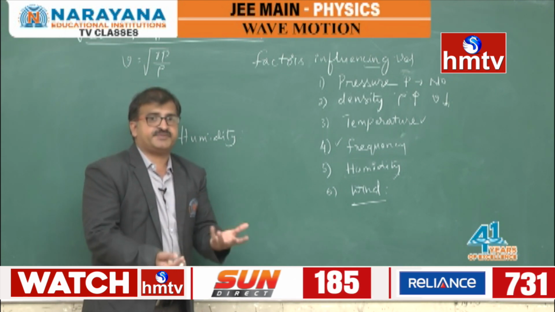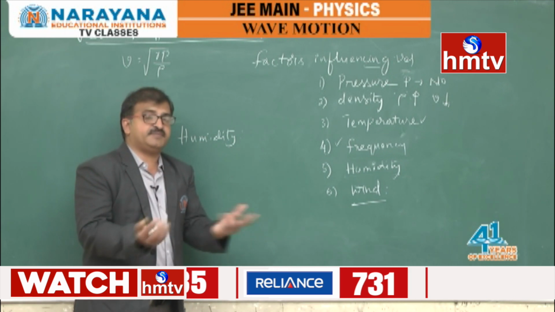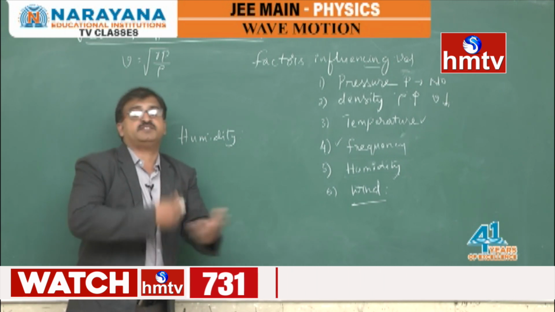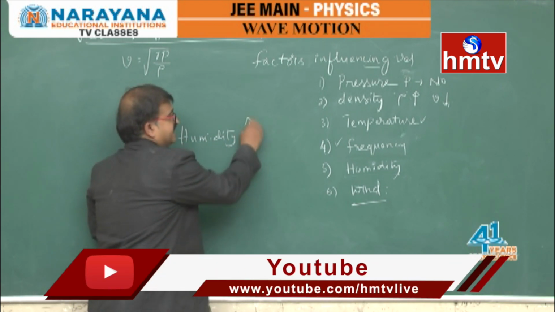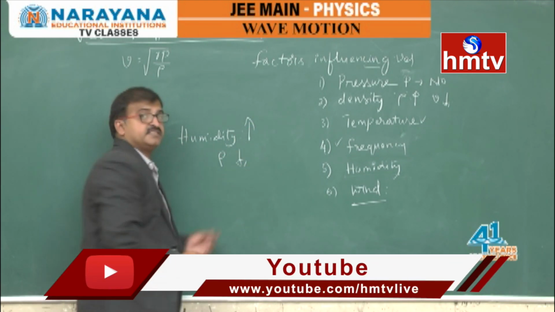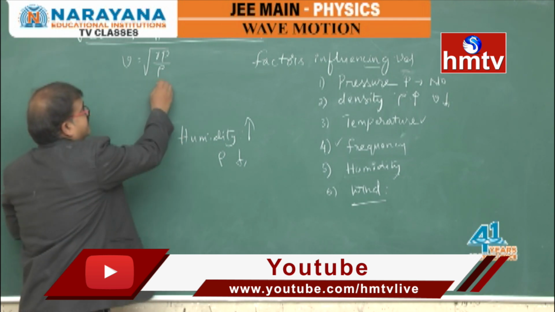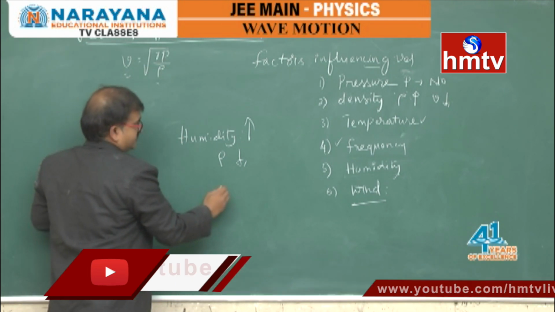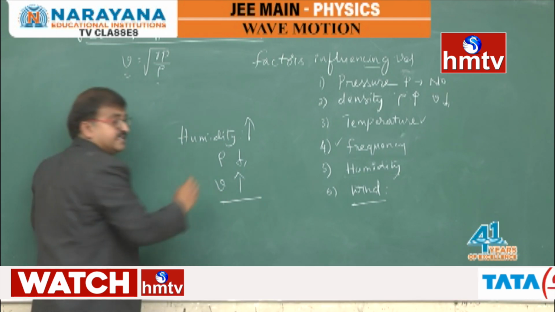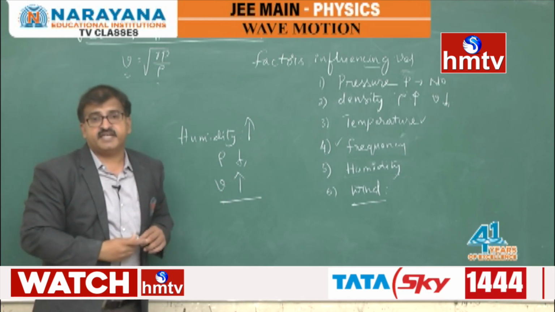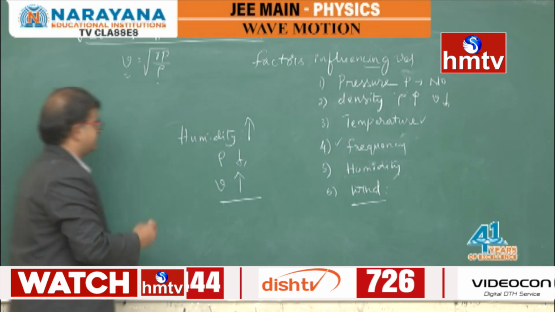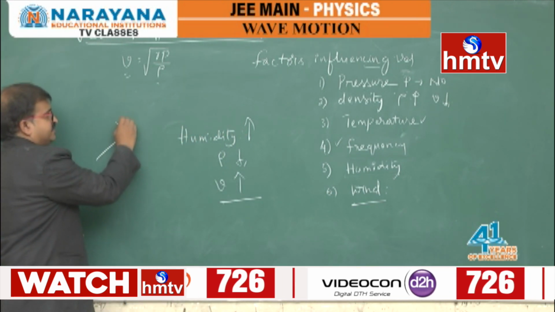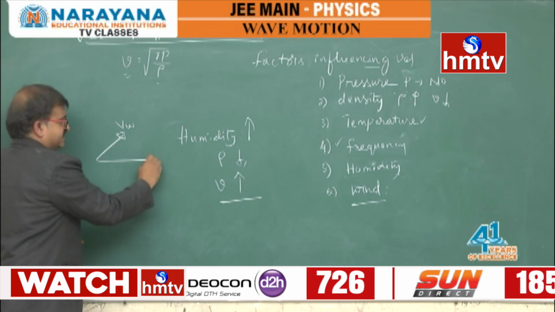That means very huge. So the effective density, that means the total density of H2O plus the remaining air molecules, will be lowered. That means if humidity increases, the rho value will decrease. As rho is decreasing, keeping the pressure almost the same, the velocity of sound in that air medium is increasing.